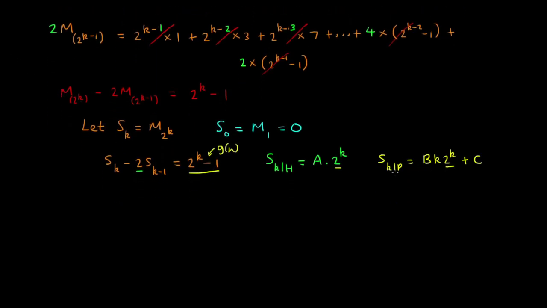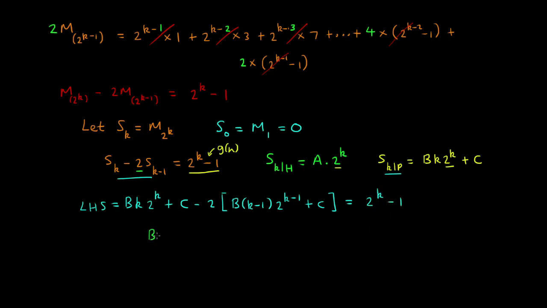And now if you substitute this in our recurrence relation, so what we get is bk by 2 to the k plus c minus 2 by b by k minus 1 by 2 to the k minus 1 plus c. And that's the left hand side, which we equate with the right hand side.